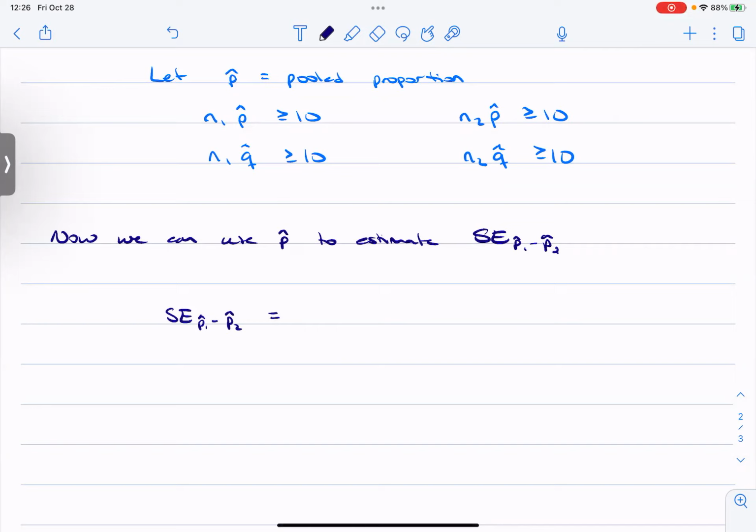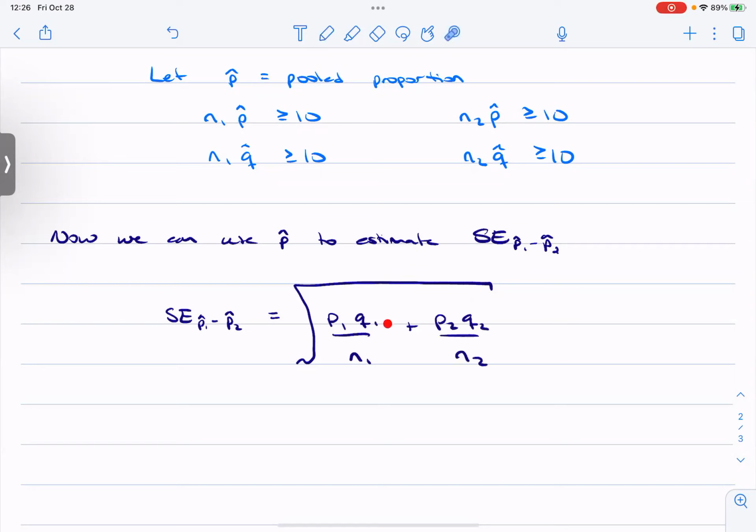Remember, in general, for two sample proportions, we said, okay, we have to take into account all the information from the different samples. So technically, it should be P1 Q1 over N1 plus P2 Q2 over N2. But remember, we have the same problem that we've been facing this whole time.